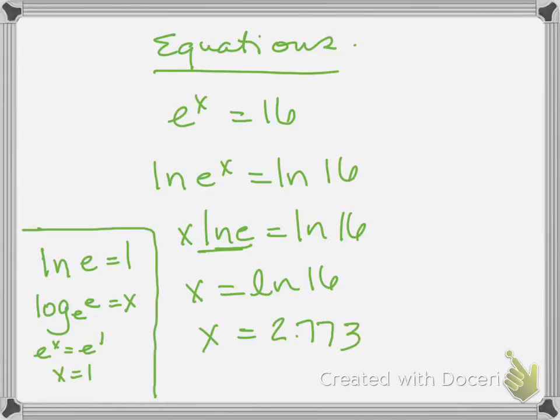So over here on the left, you see I have the log base e of e is equal to x. E to the x is equal to e to the 1. So x is equal to 1. So that kind of makes some of these a little bit easier. So the ln of e is equal to 1, you just drop it. The natural log of 16 is a constant. You enter it into your calculator, you push enter, and you get 2.773.